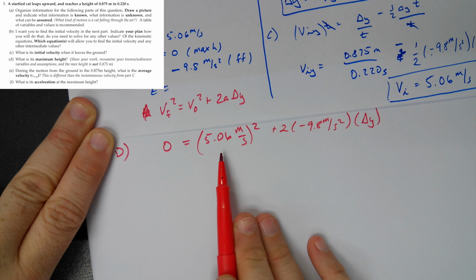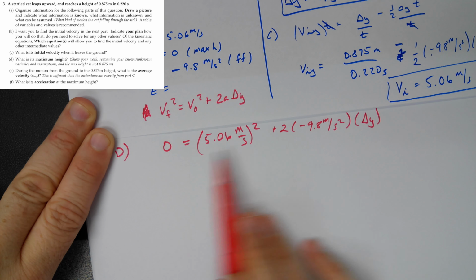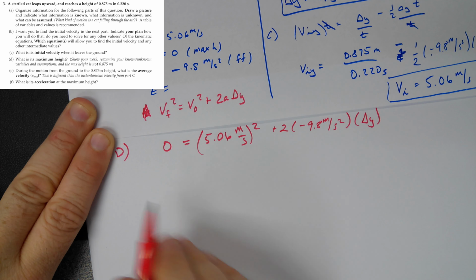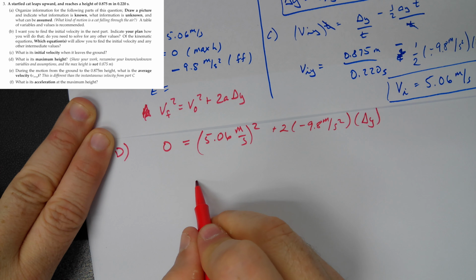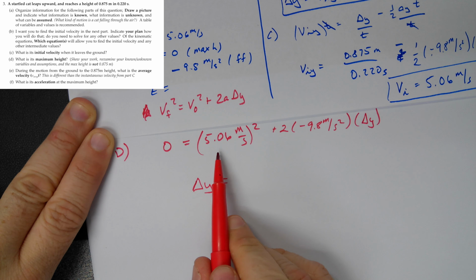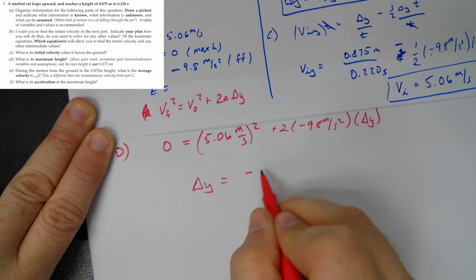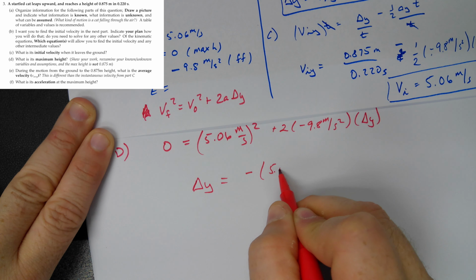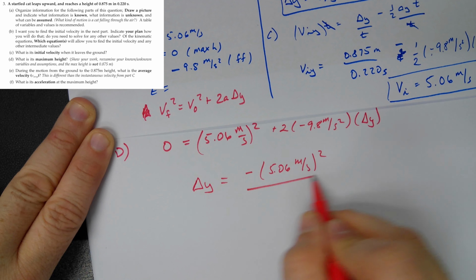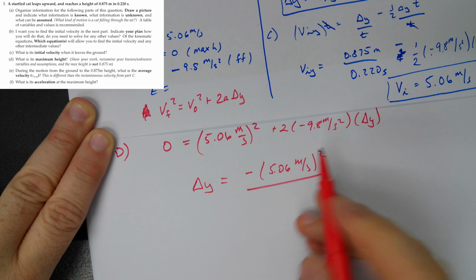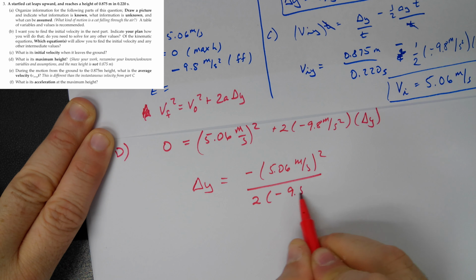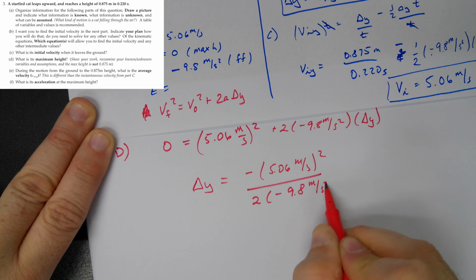So this term's positive, it has to equal 0. This term needs to be negative. We have a negative here. We just do some algebra. Delta y should be, we want to get this on the other side, so minus 5.06 meters per second squared, and then we want to divide by these 2 terms, 2 times minus 9.8 meters per second squared.